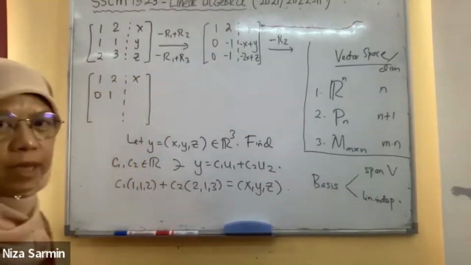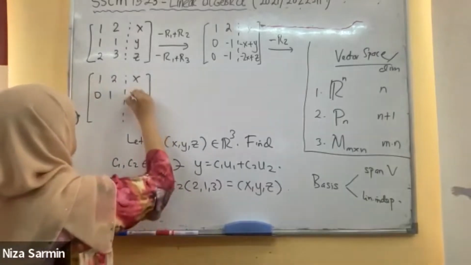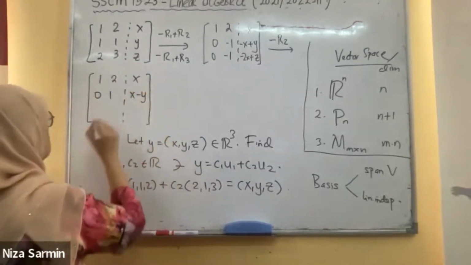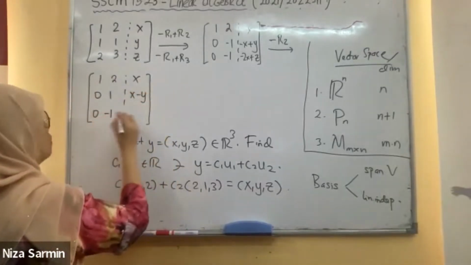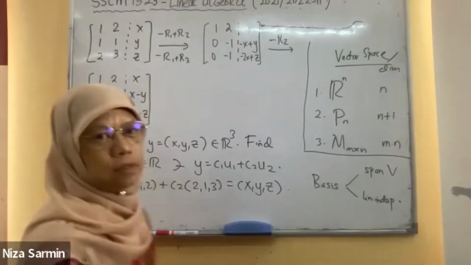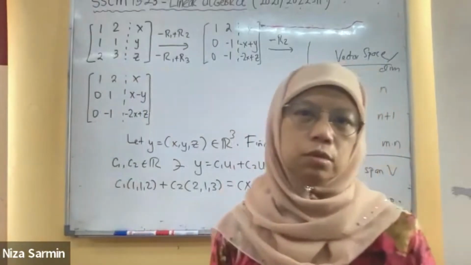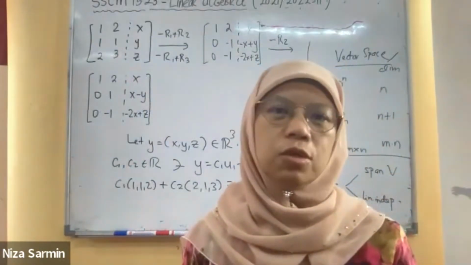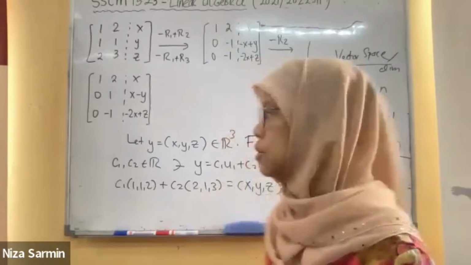So just multiply by negative. Okay, until we do echelon form is okay. No need to do row reduce.